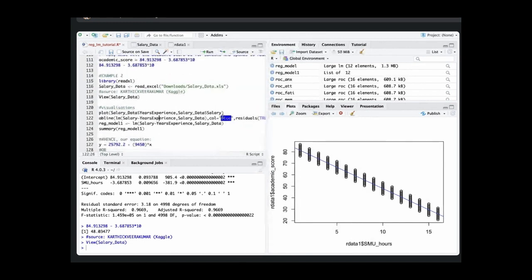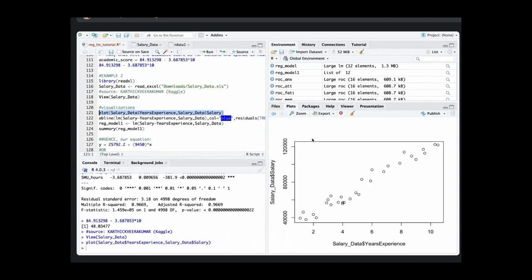Here we are trying to understand how the number of years of experience affects the salary of an individual, so fairly simple to study. First we can just plot. As a researcher, you can see from this visualization that as the number of years increases, the salary also increases. They both are kind of related.